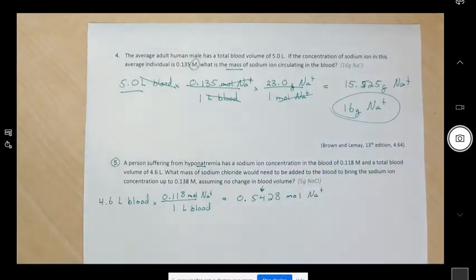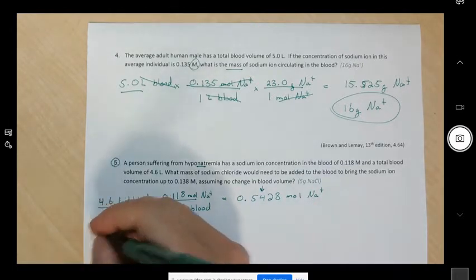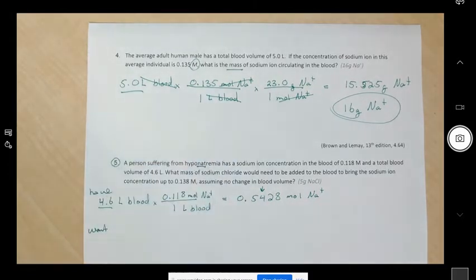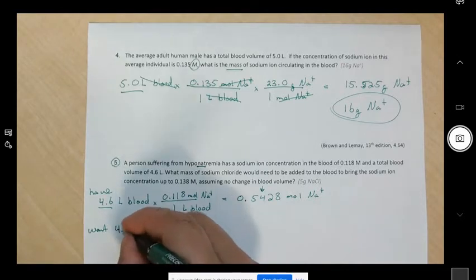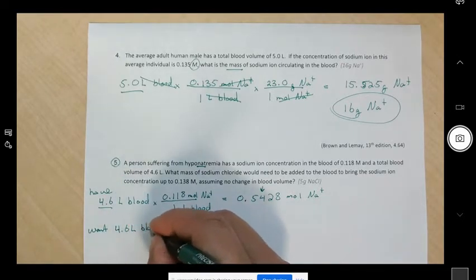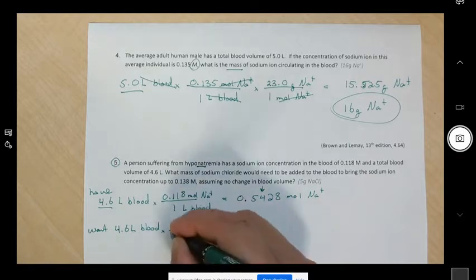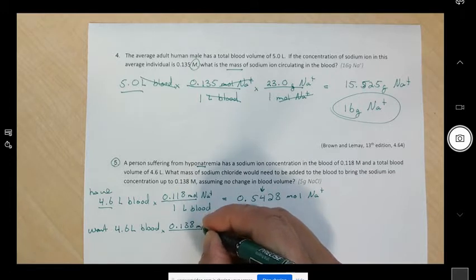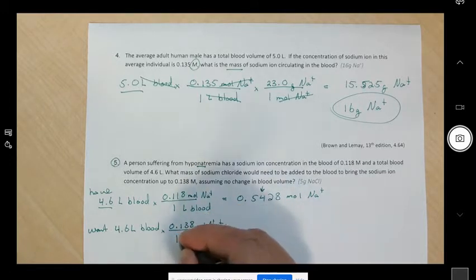I usually draw like a little arrow. Since this has 2 sig figs, I'm going to write 2 sig figs there to keep track of my sig figs. Now I'm going to go ahead and figure out what I need my moles of sodium to be. And so this is my have, what I want is, in 4.6 liters of blood, I actually want 0.138 moles of Na per liter.